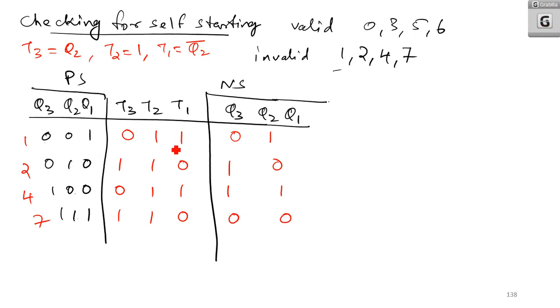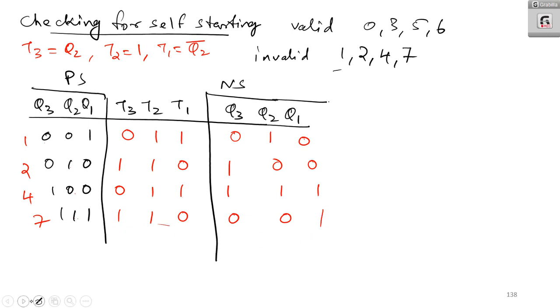Now coming to T1. With Q1 present state 1 and toggle 1, in the next state it will become 0. 0, 0 means no change, so it is 0. 0, 1 means there is a change, so that is 1. 1, 0 means the present state will remain, that is 1.